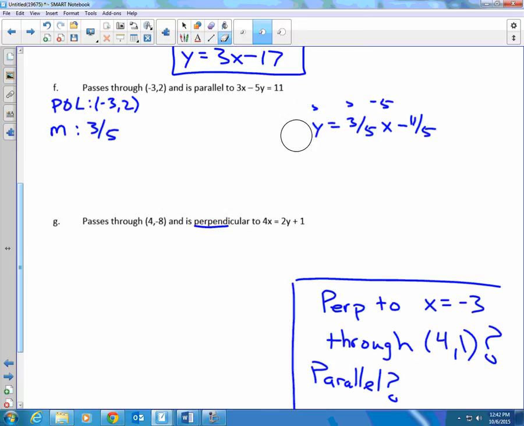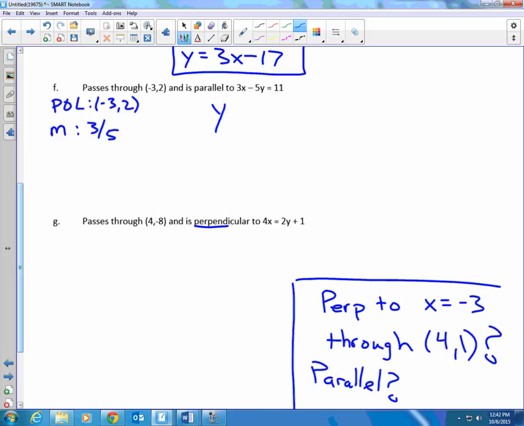Anybody not like fractions? If you don't like fractions, then I'll show you a trick here. y minus 2 is equal to 3 over 5 times (x plus 3). Okay, I want to get rid of the 5, so I multiply through by 5. So 5y minus 10 equals 3x plus 9. Right? Multiply through by 5, got rid of that 5 in the denominator, distributed the 3.